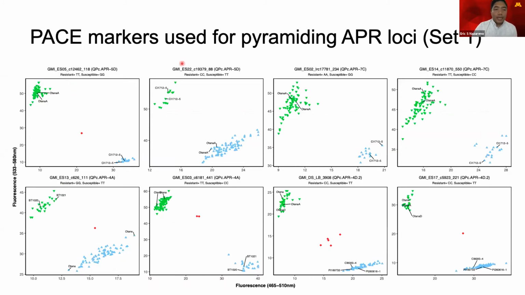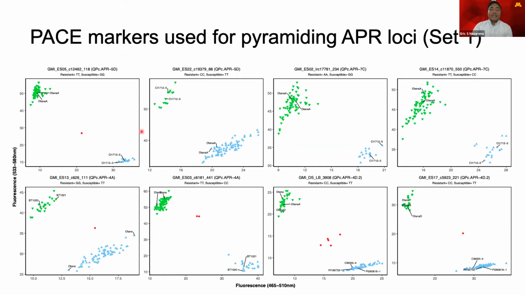This shows the segregation of the PACE markers that I use for selection. So I used 2 flanking markers for selecting a QTL. So these 2 markers are for the QTL in 5D. These 2 are for the QTL in 7C. These 2 are for QTL in 4A, and these 2 are for the 40.2 QTL.